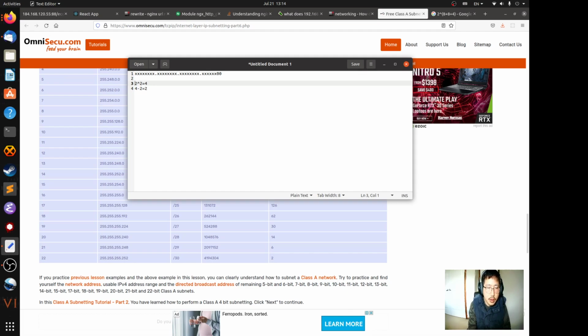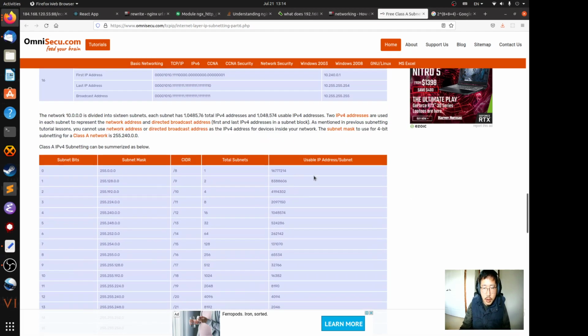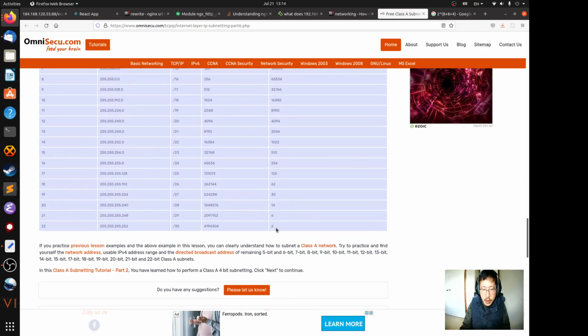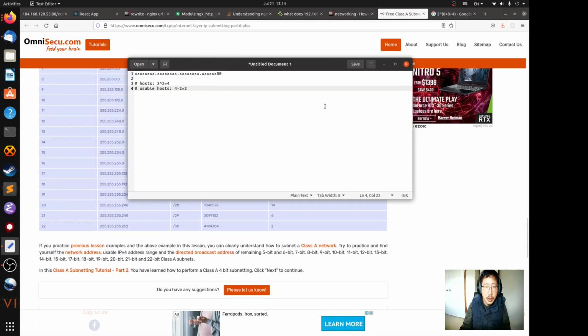This is the number of possible hosts, and that's the number of possible usable hosts. This column is usable IP addresses. There are only 2 because it's 4 minus 2.